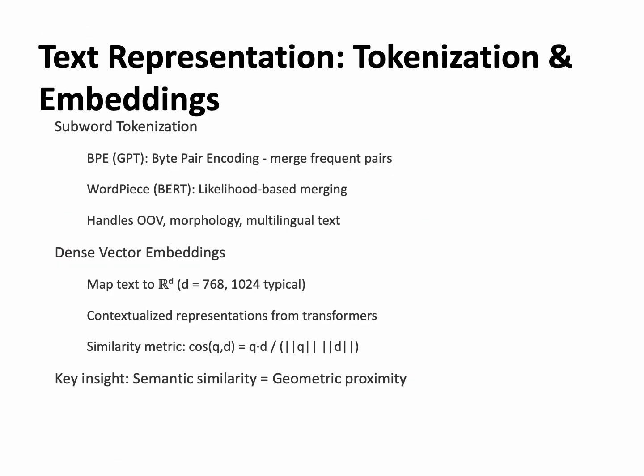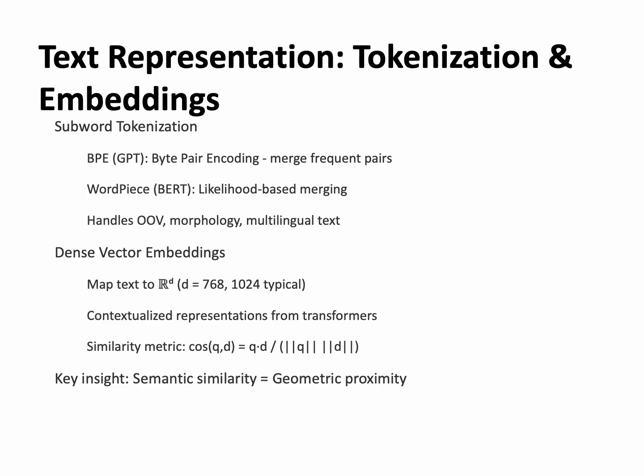Two steps turn text into vectors. First, tokenization breaks text into subwords using byte pair encoding. This handles new words and works across languages. So "unhappiness" becomes "un" and "happiness," which helps the model understand word structure. Second, embeddings. Each token becomes a 768-dimensional vector.